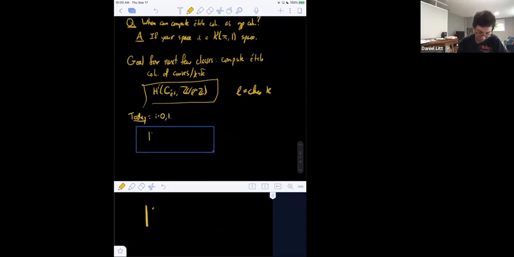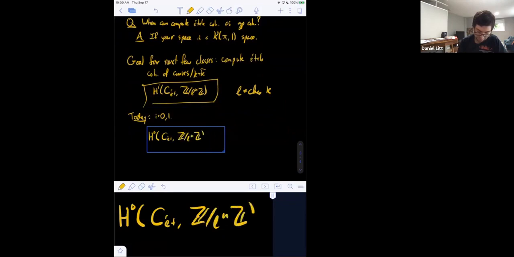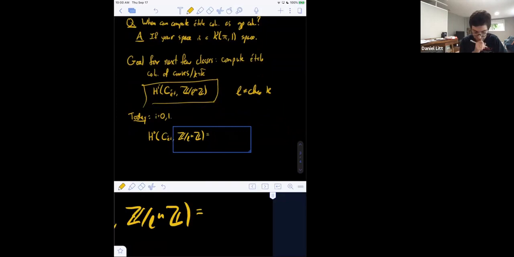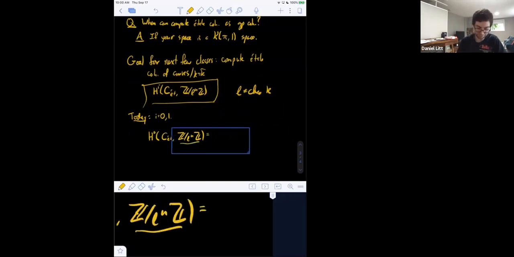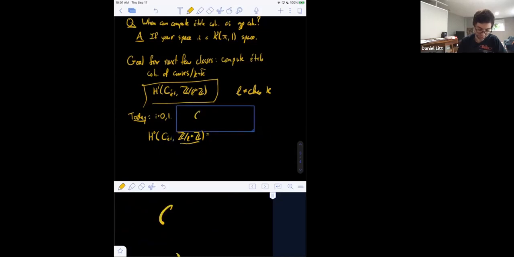So here, H^0 étale of C with coefficients in Z mod l^n Z. Can anyone tell me what this is? Let's suppose C is connected.